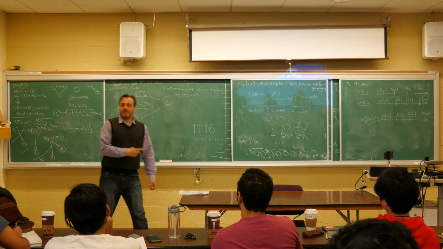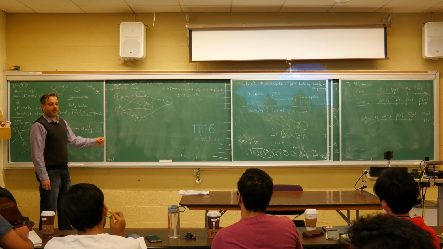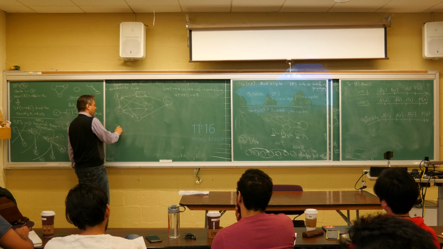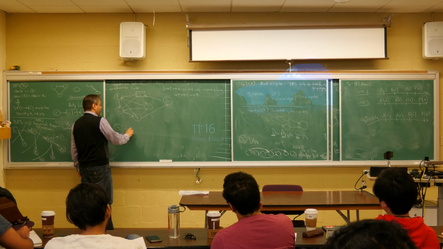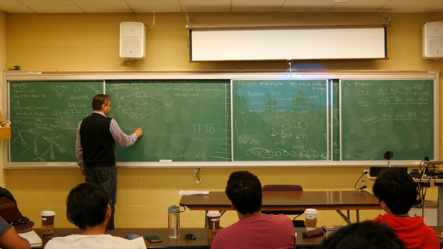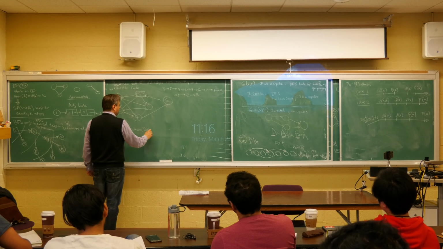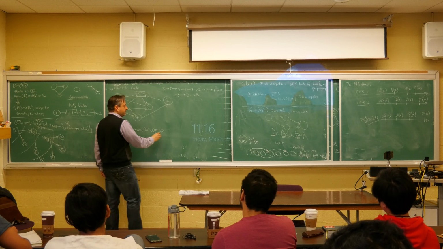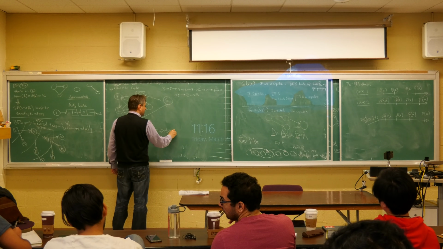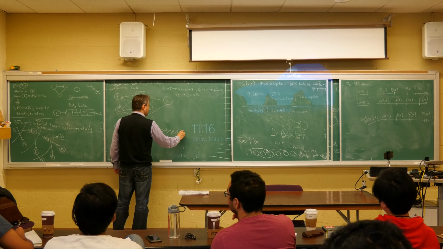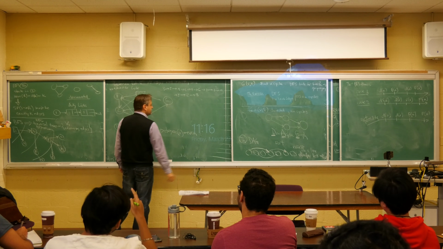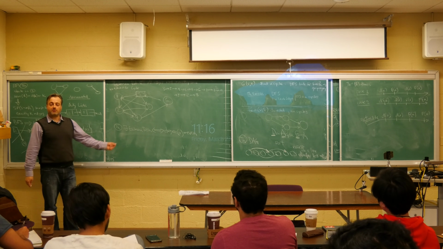So this is another midterm problem, the theorem here that you guys can take home and prove. There is an Eulerian path if and only if all the degrees of any vertex are even. What's degree, by the way?